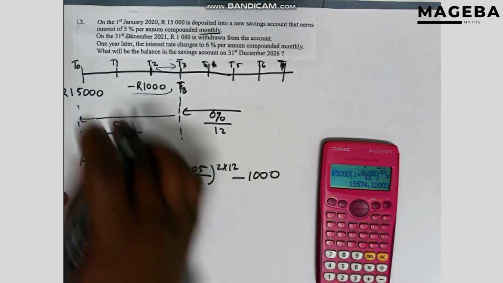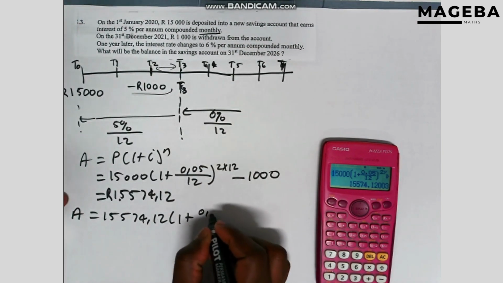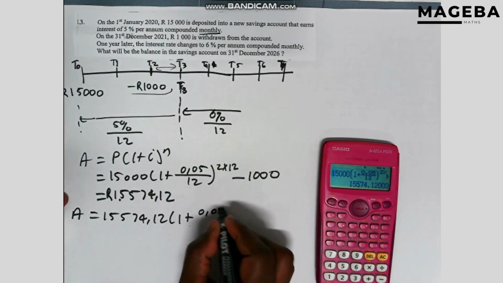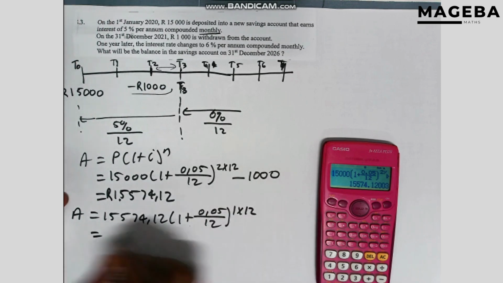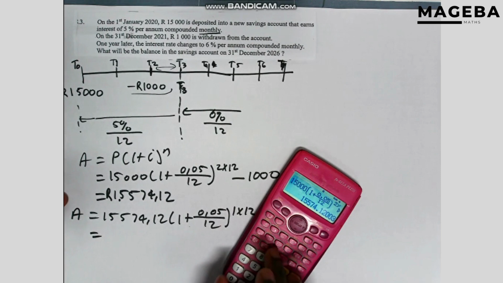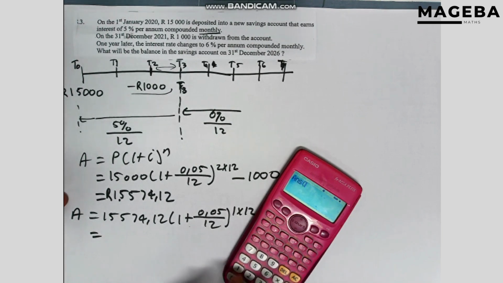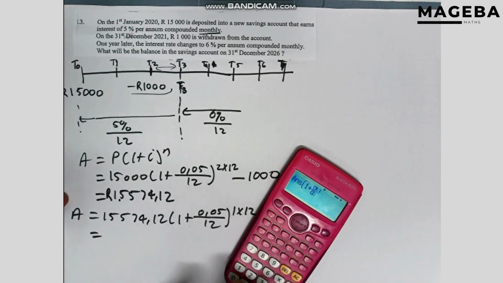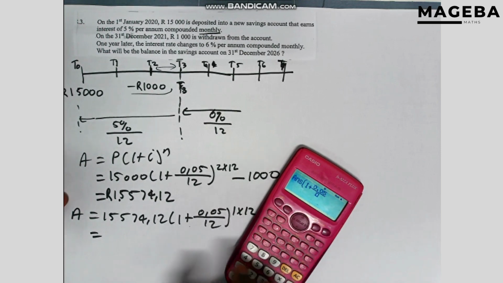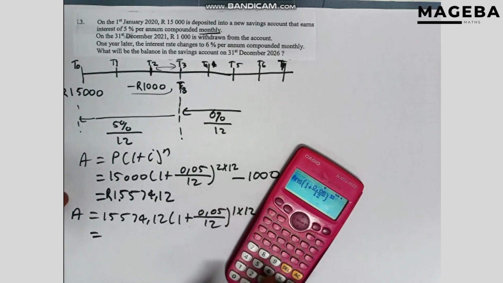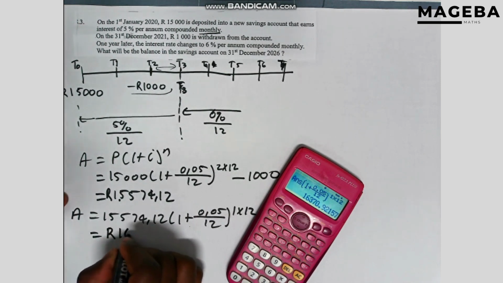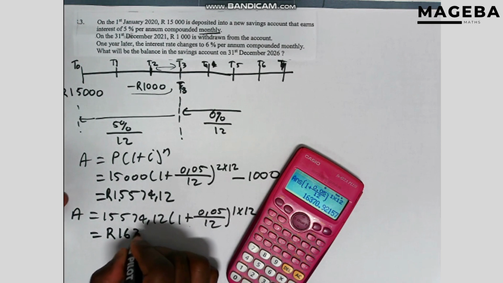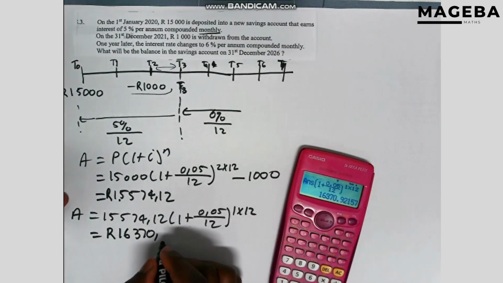This gives 16,370.92, the amount on T3 before the interest rate changes.